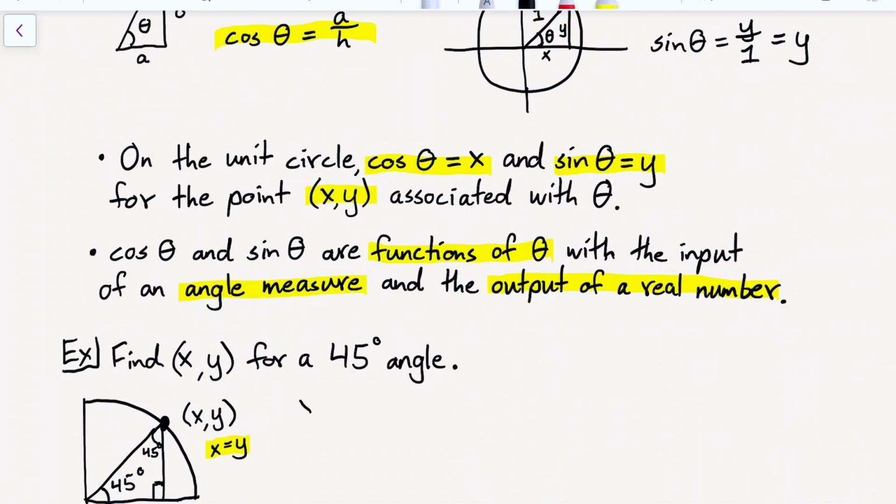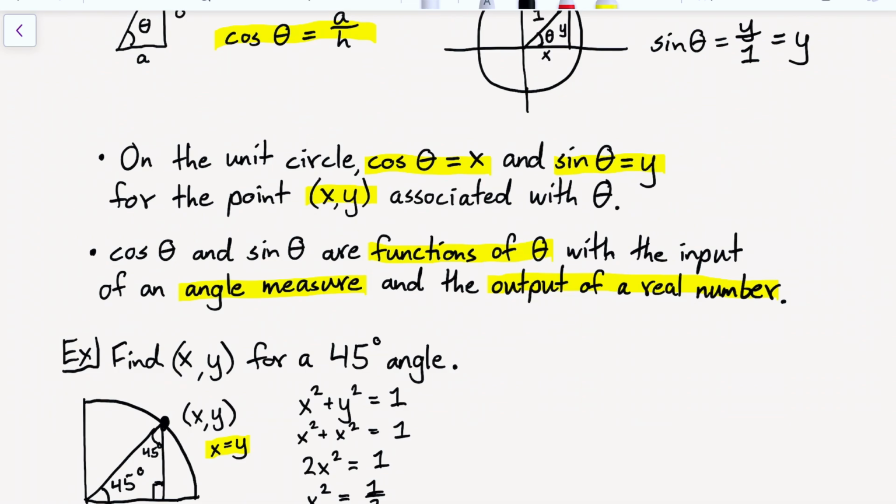Now let's use the fact that on the unit circle, x squared plus y squared equals 1. And because x equals y, we can make a substitution here. We can say x squared plus x squared equals 1, or 2x squared equals 1, which means x squared equals 1/2.